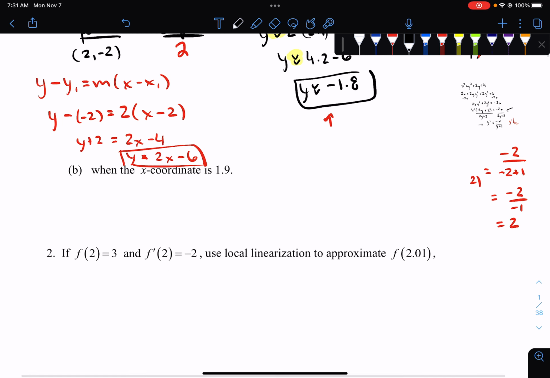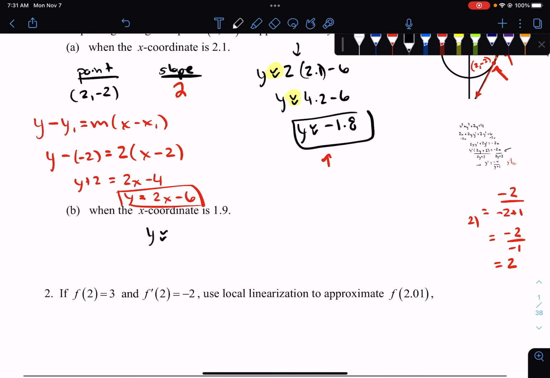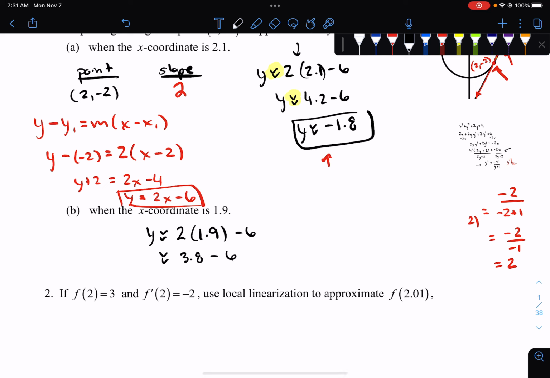It also wants me to figure out an approximation when x is 1.9. So I could say y is approximately, using that same equation, 2 times 1.9 minus 6. So it's approximately 3.8 minus 6, approximately negative 1.2.